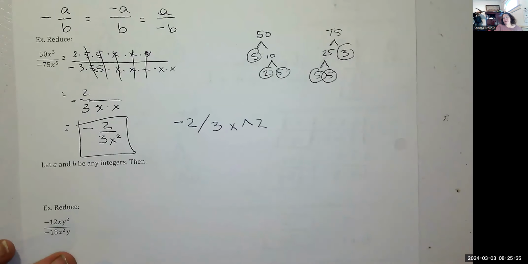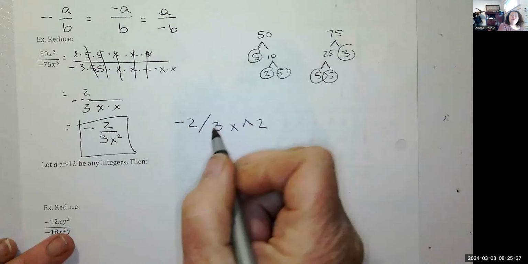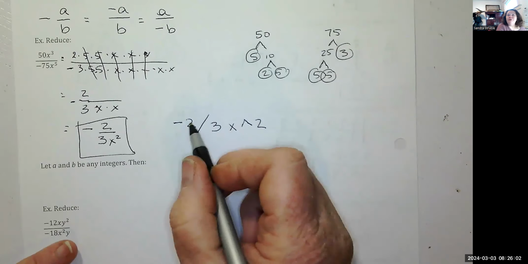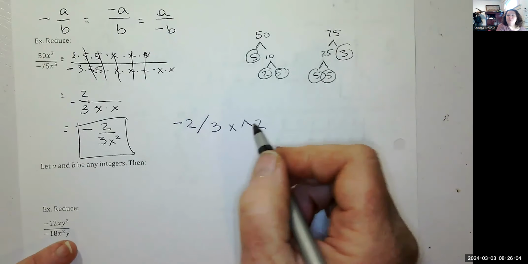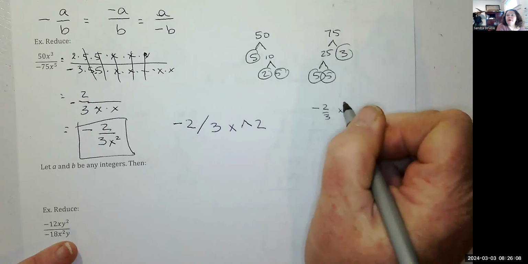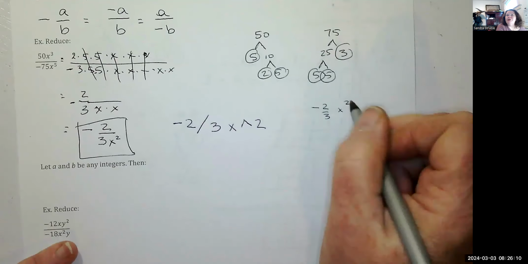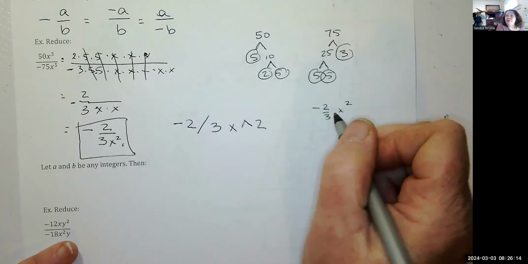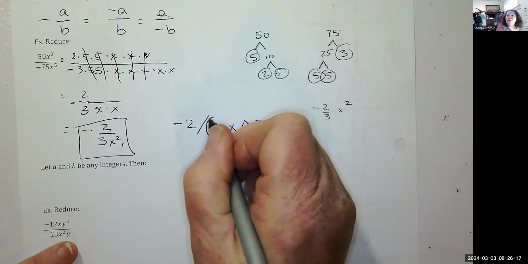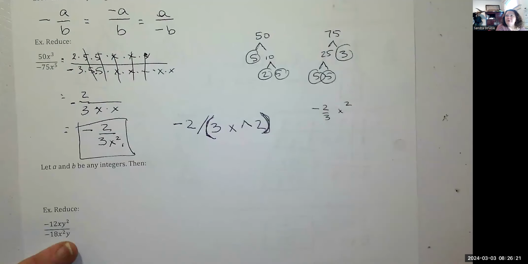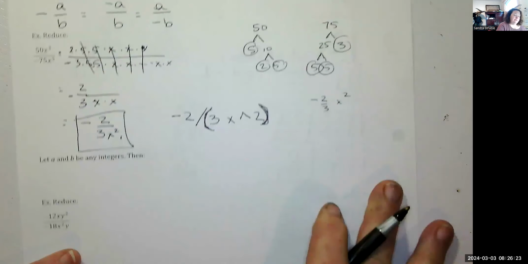The problem with this is that the computer, just like a calculator, is going to read this as -2/3 times x squared. They don't see the x squared in the denominator like it's supposed to. In order for MyOpenMath or your calculator to see that, you have to put parentheses around everything that goes in the denominator. Be very careful with that.